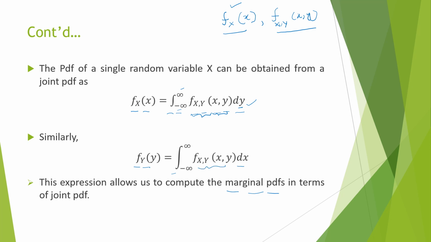With respect to x, we have to integrate between minus infinity and infinity, as the x values are varying from minus infinity to infinity. So if you want to find the PDF of random variable y, we have to integrate the joint PDF with respect to x between minus infinity and infinity. This way we are computing marginal PDFs from their joint PDFs. Here fX(x) and fY(y) are known as marginal PDFs.